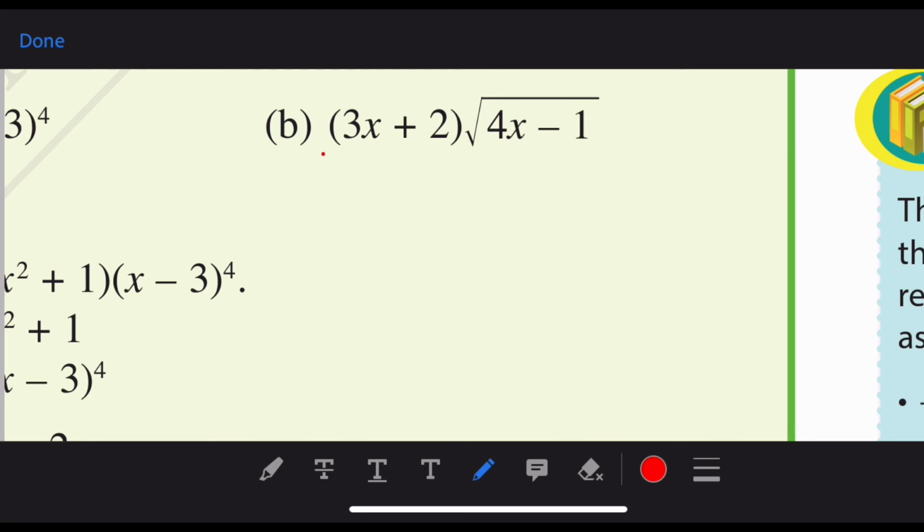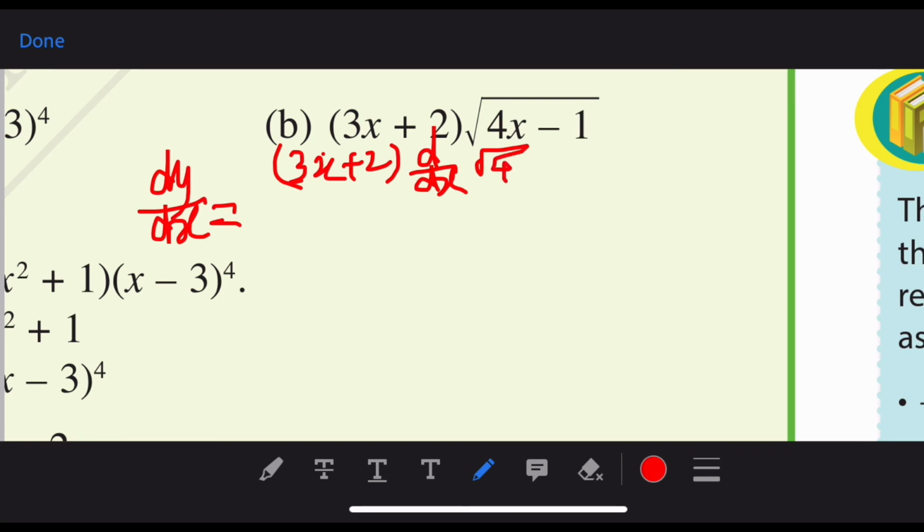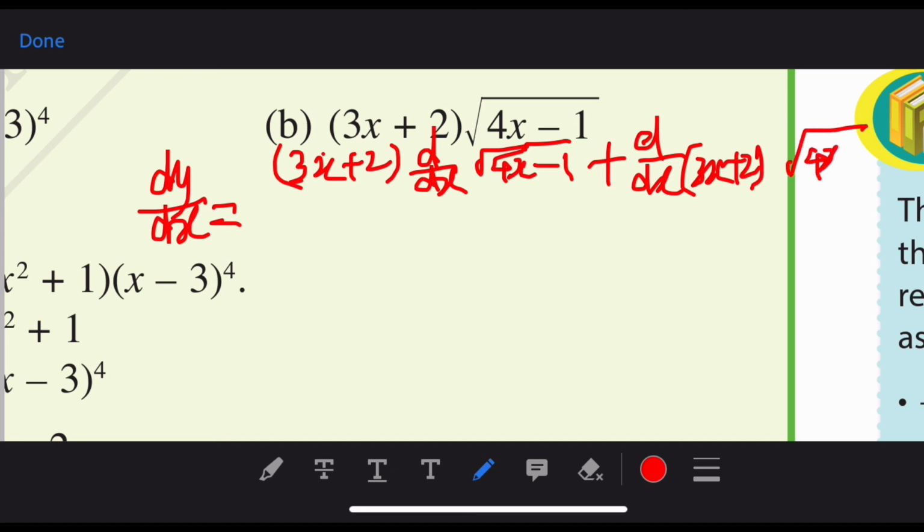So dy dx is equal to, before that we copy down first: 3x plus 2 d dx square root of 4x minus 1, plus, and then this one we differentiate 3x plus 2, and then we copy down this one. So now we copy down 3x plus 2.